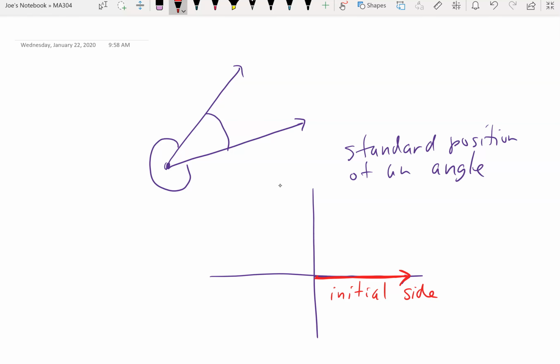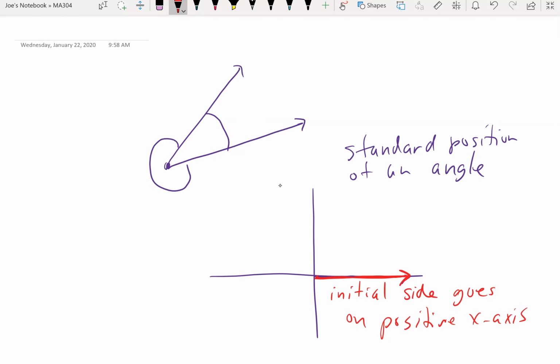So this is what we mean by putting an angle in standard position. One of the sides, which we refer to as the initial side, goes on the positive x-axis. Let's just write that down.